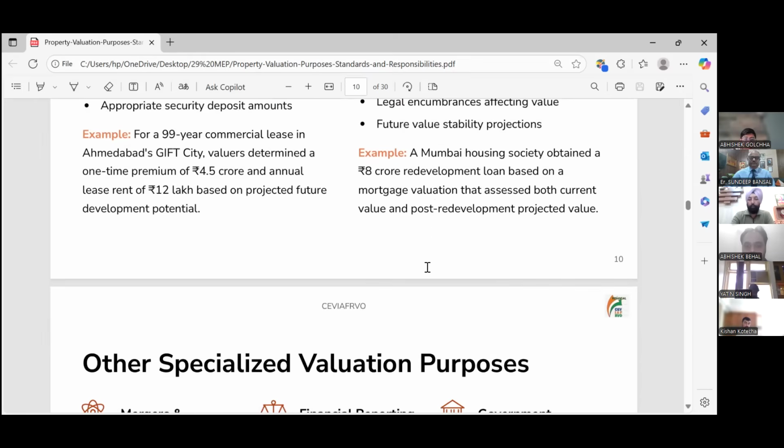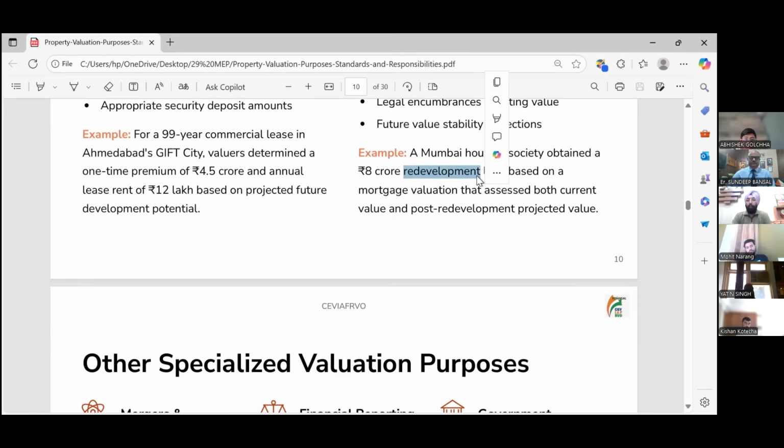So what is this post-redevelopment projected value? Anybody? Valuation after the redevelopment of the project, which is higher than the current value. You can see here, they have taken a loan for the redevelopment.